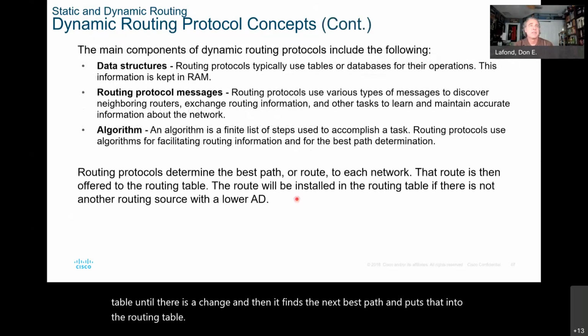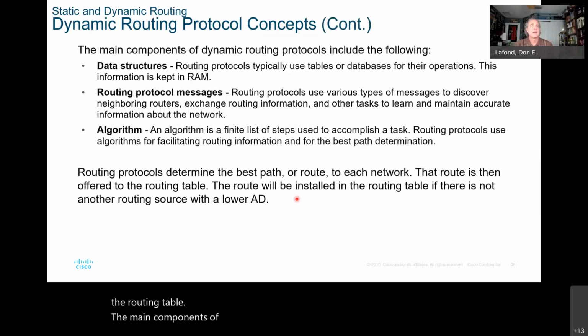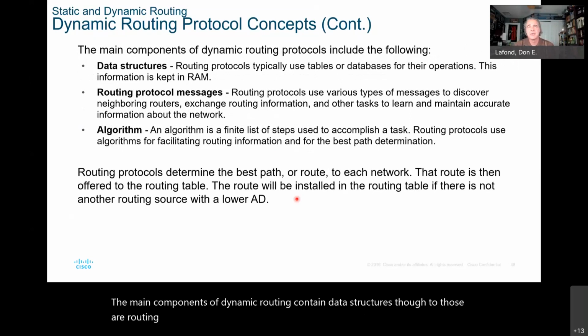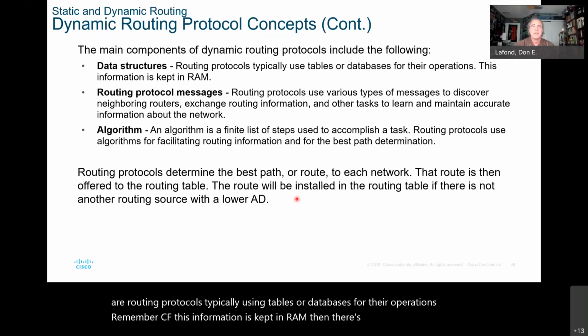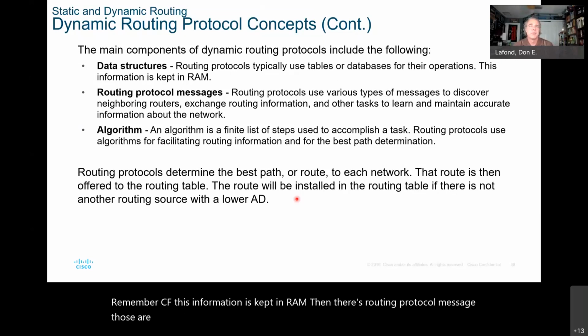The main components of dynamic routing contain data structures. Those are routing protocols typically using tables or databases for their operations. Remember CEF. This information is kept in RAM. Then there's routing protocol messages. Those are the routing protocols that use various types of messages to discover. That's the chatting.